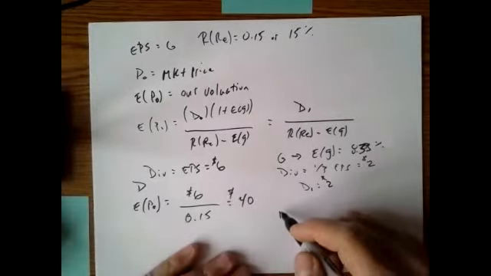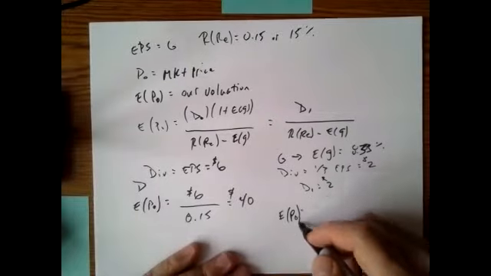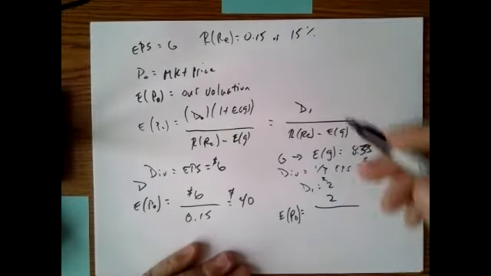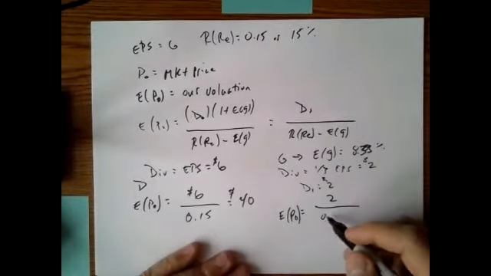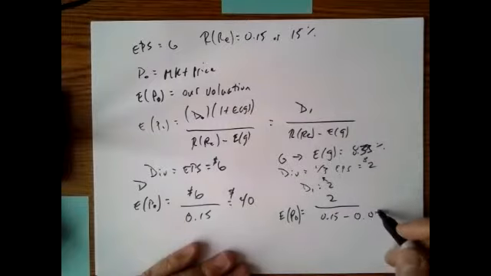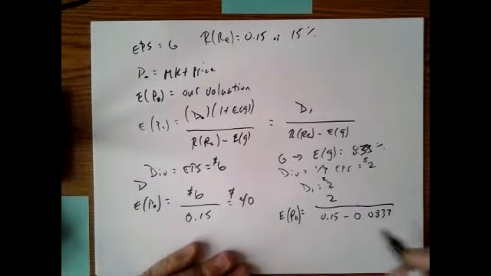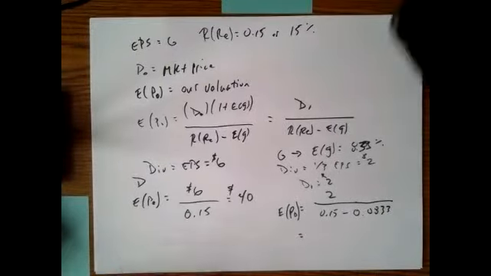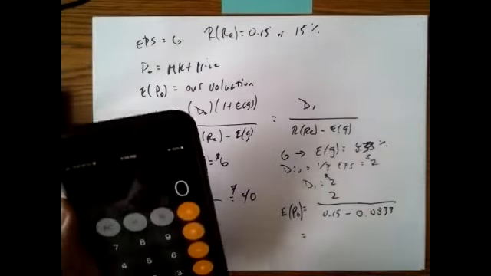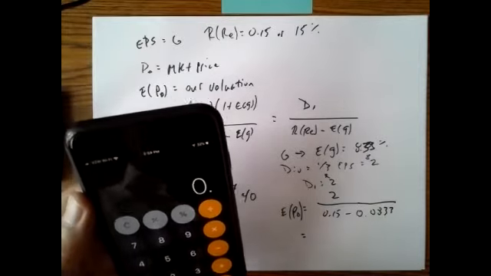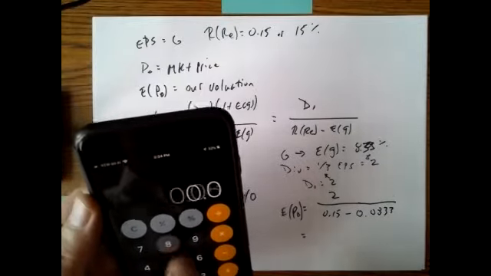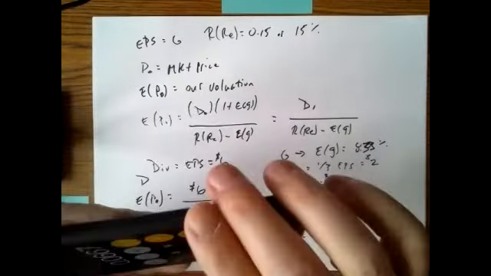So we're going to put EP0 is equal to 2 divided by the required rate of return of 0.15 minus the expected growth rate of 0.0833. I'm going to calculate the denominator first: 0.15 minus 0.0833 gives me 0.067.